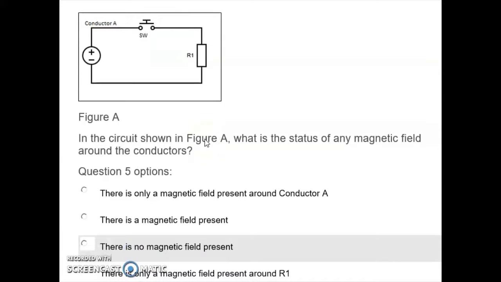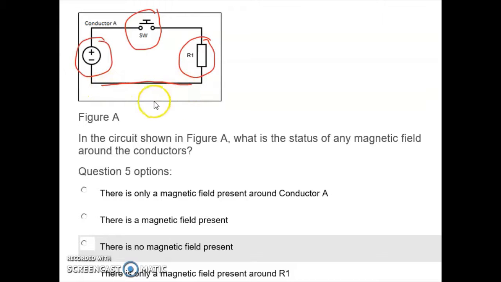Number 5, we have this simple circuit here. In the circuit shown, what is the status of any magnetic field around the conductors? So this right here is a switch. This right here is a power source, and this right here is a load.